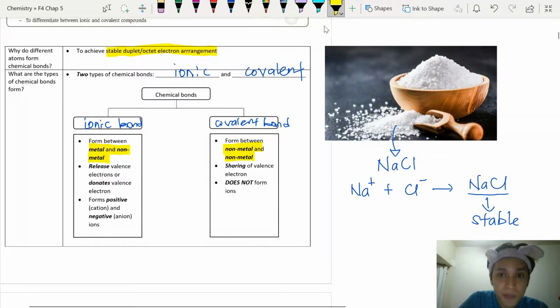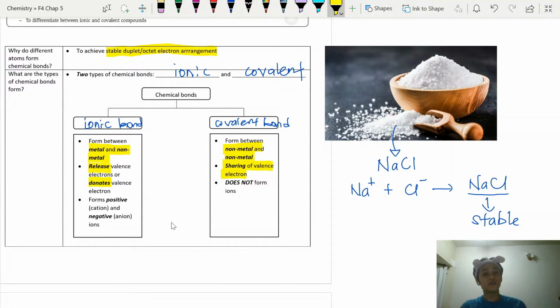That's why here the term is sharing of valence electrons, while this one is release or donate. For an ionic bond, one will donate the electron and one will accept the electron.